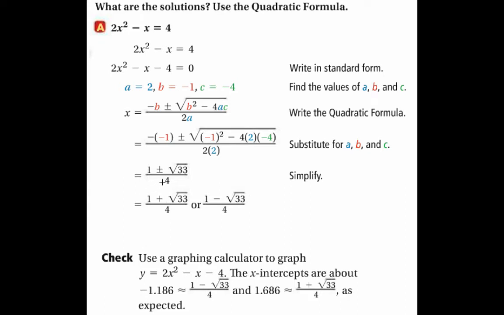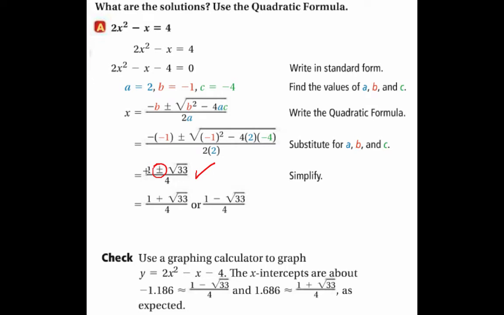So we can leave our solution like this if we want. What they did is they took it a step further and they showed the two solutions here. We do 1 plus radical 33 over 4, and we do 1 minus radical 33 over 4. So whether you separate it into two separate fractions or leave it as one fraction, either way we know that there are two solutions, and we know there's two solutions in this one because of this plus minus.